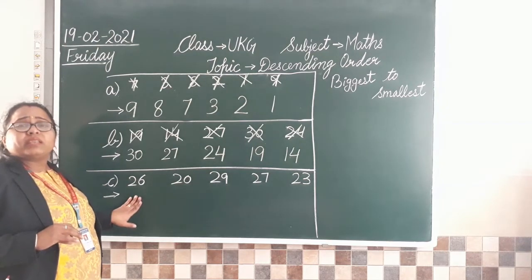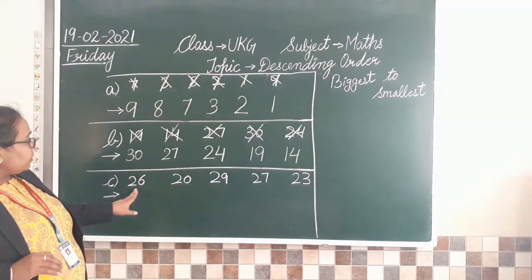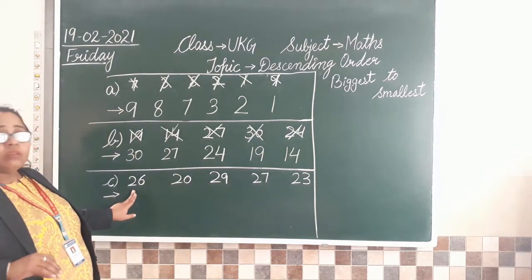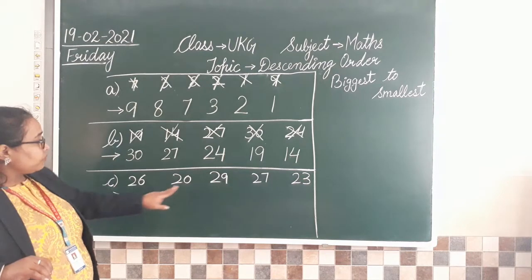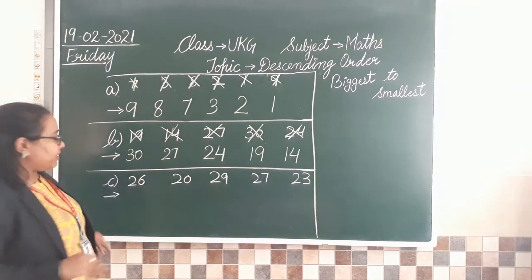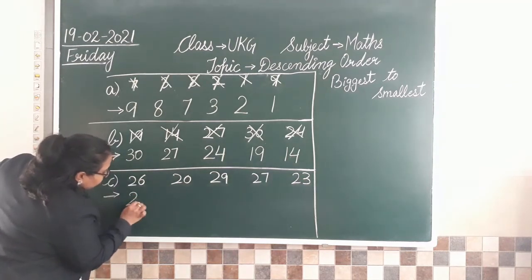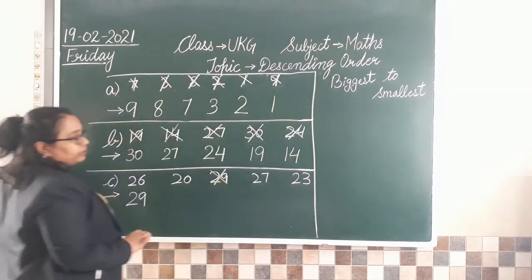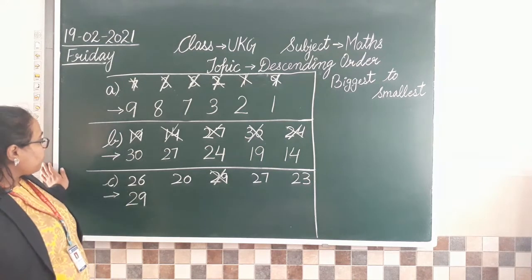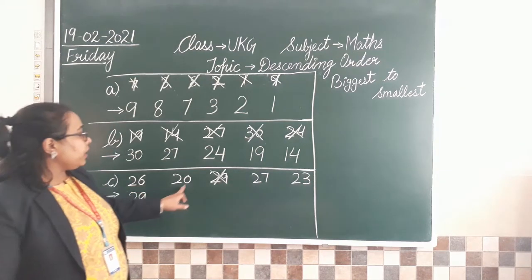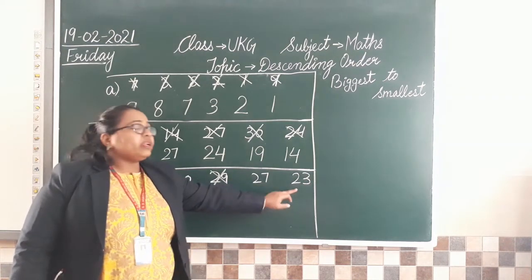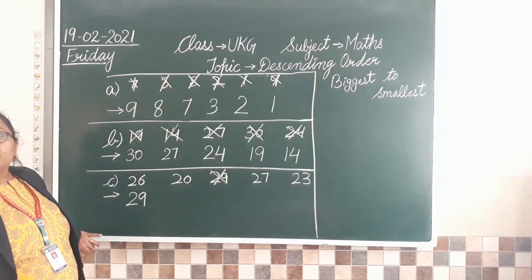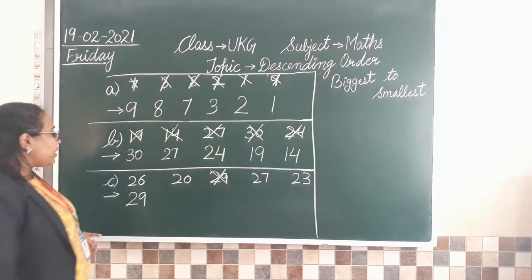So which is the biggest here? Tell me. Just see all these numbers. They all are from 20s group. 29 is the biggest. So we will write 29 and cross it here. Now see 26, 20, 27 and 23. अब बताइए biggest कौन सा है? 27 is the biggest.